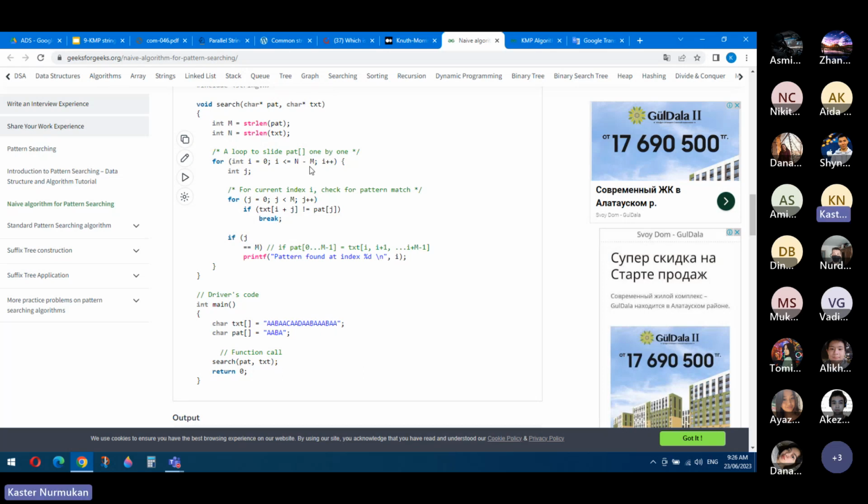N minus M, that's fine, but let's say N is 100. To start from 0, they will compare one to one.